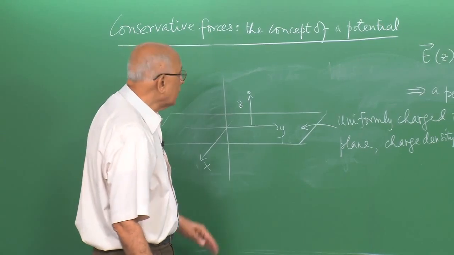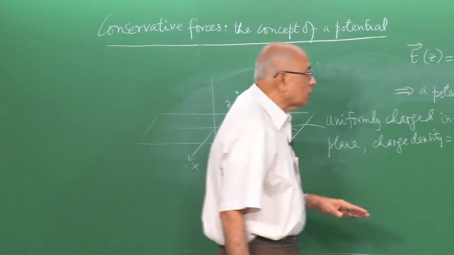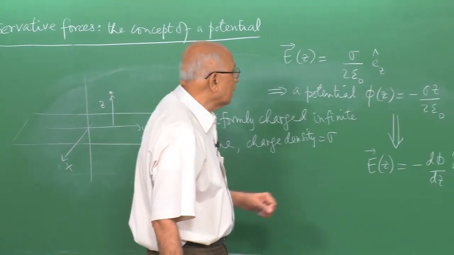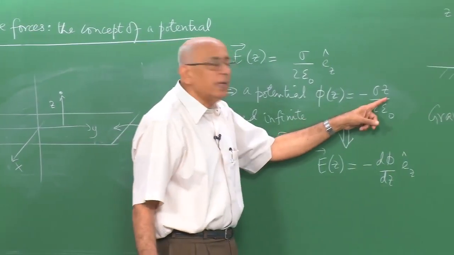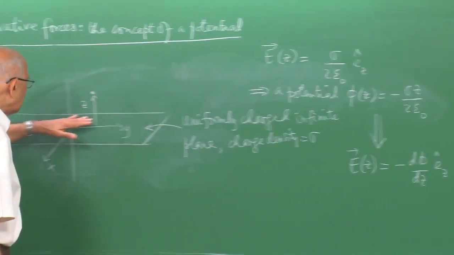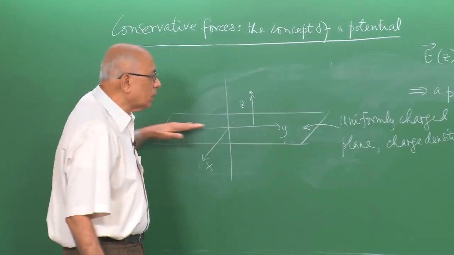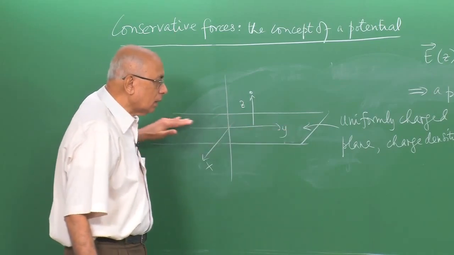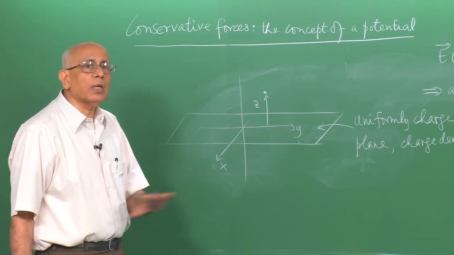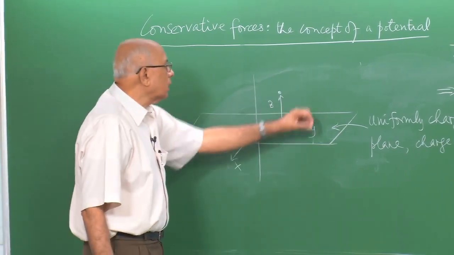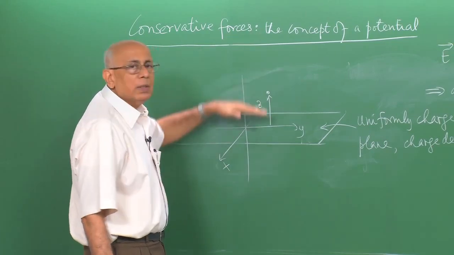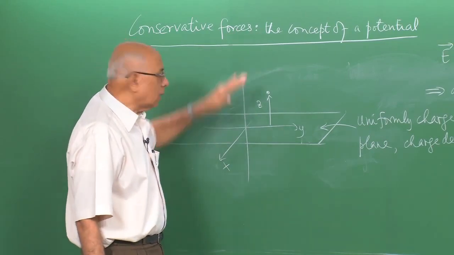Once again, like in the problem of the gravitational field, the potential is linear in the coordinate and depends on a single coordinate. There is no dependence on x and y, because this thing is uniformly charged and infinite in extent. Therefore this potential does not depend on where you are as far as the x and y coordinates are concerned, only on how far you are above or below this plane.